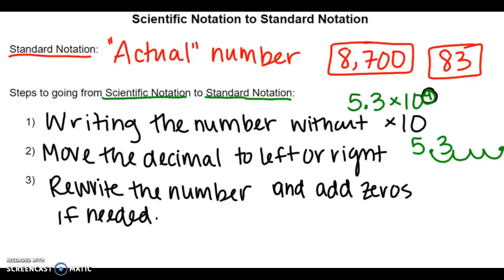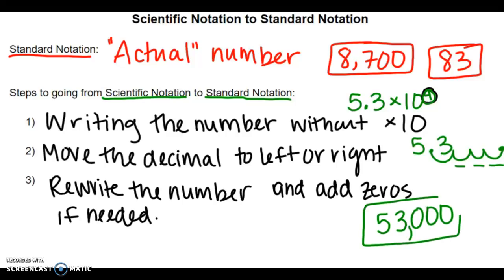For example here, I have these 3 extra spaces that I moved my decimal, so I can fill those 3 spaces with zeros. They're kind of like my placeholder. Always add in your commas. That would be our final answer. So we just took the number 5.3 times 10 to the 4th and brought it into its standard notation, or its actual meaning.